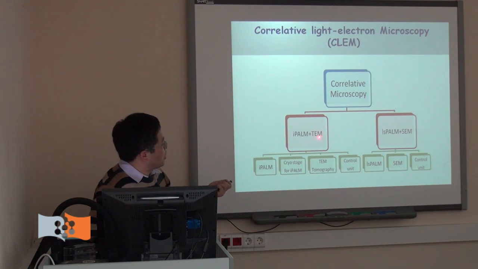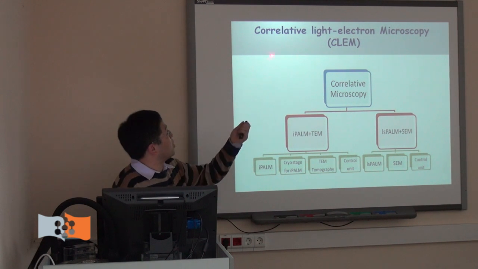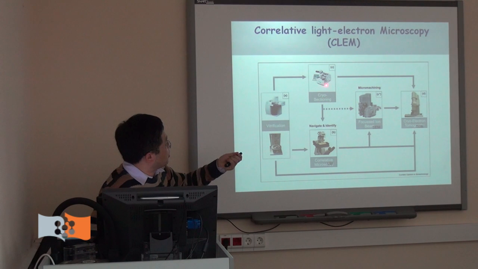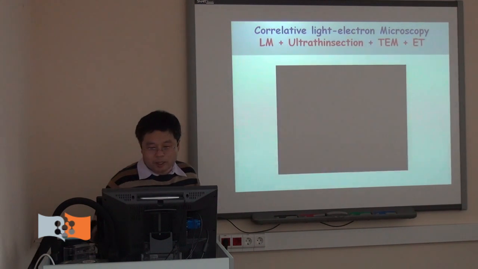We try to combine IPAM and the TEM, or IPAM and SEM, the scanning electron microscope, to do the correlative work. Basically, that's cryosection. After you get a cryosection, you get the light microscopy and the SEM and the TEM, and try to combine them together. This is how it looks.